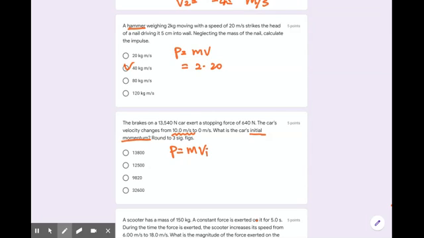Do we have mass? No, we don't. But we do have the weight, right? Weight equals mass times gravity. Gravity is 10, I always assume it's 10. So mass is the gravitational force, the weight, divided by gravity.